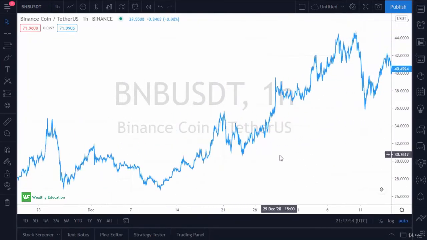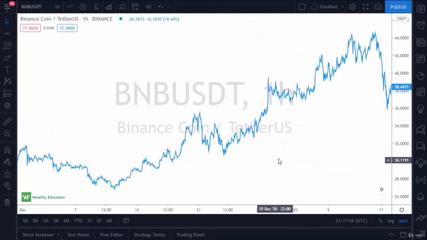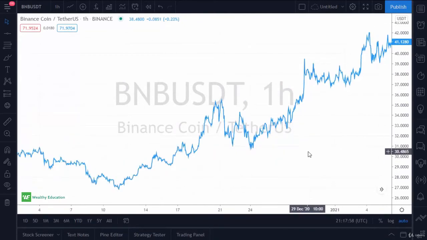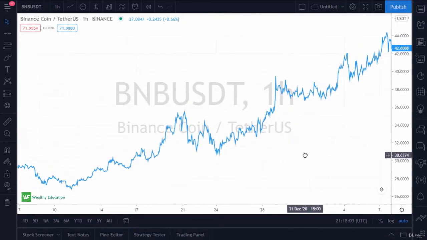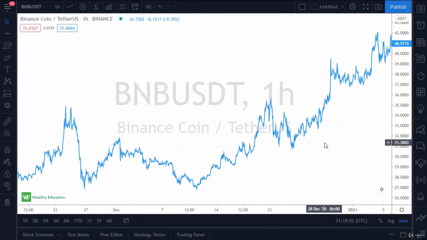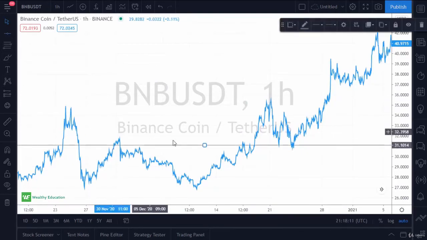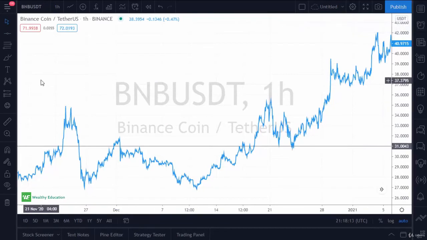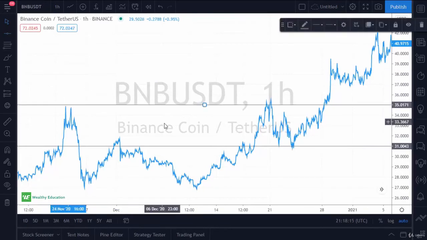Just as you can see that this resistance area caused the market to pull back to this support area. So let's go ahead and draw these lines again. That in and of itself would capture your attention as a support and resistance trader.